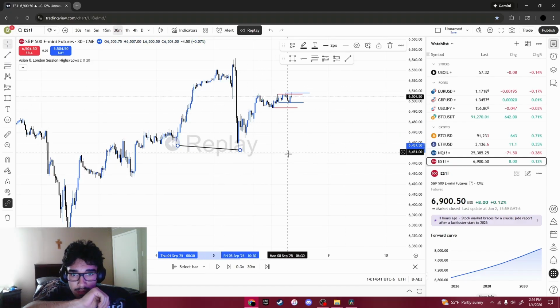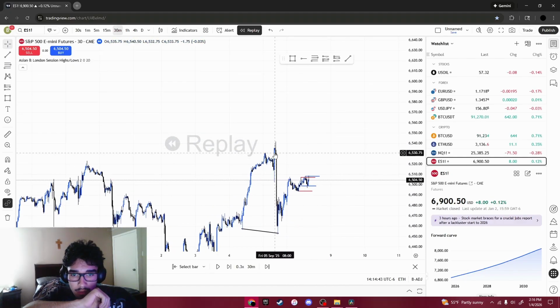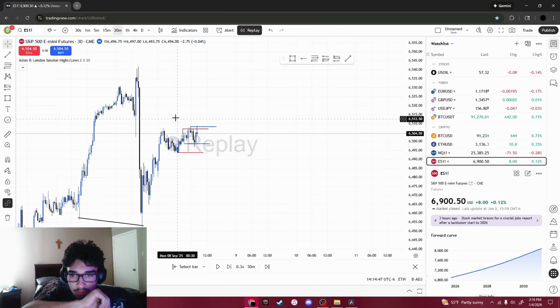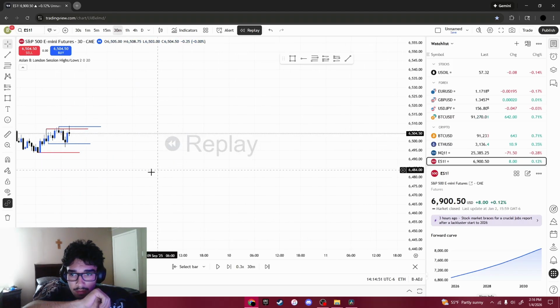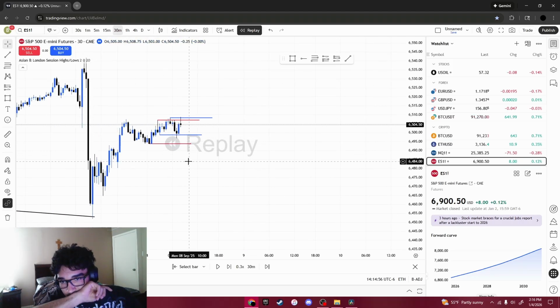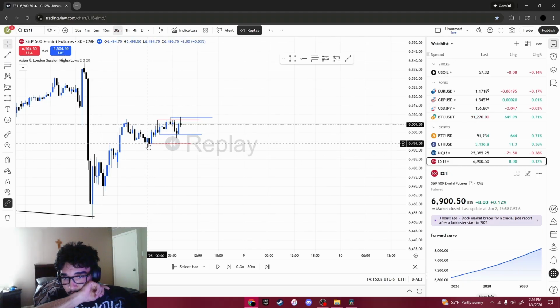So I think it's going to keep on rallying up into this high up here eventually, and it's going to rip through this since there's no stop orders, no anything. Big old liquidity void right here. I think that it's going to sweep these lows, and then rally up.